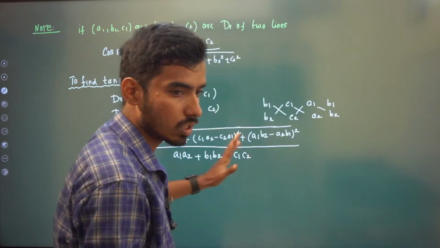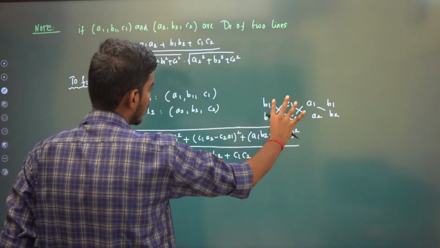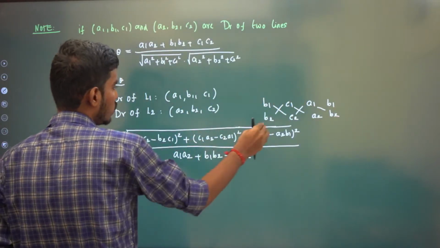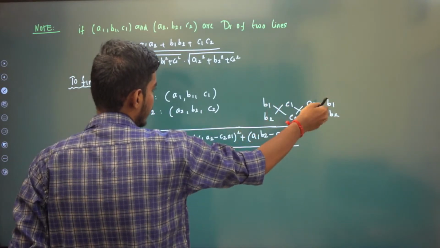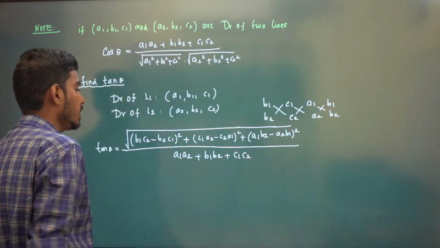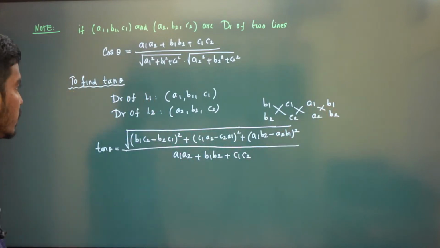So how to remember this? Write it as a cross multiplication method. You put the square root of this minus this whole square, this minus this whole square, this minus this whole square, divided by A1 A2 plus B1 B2 plus C1 C2.